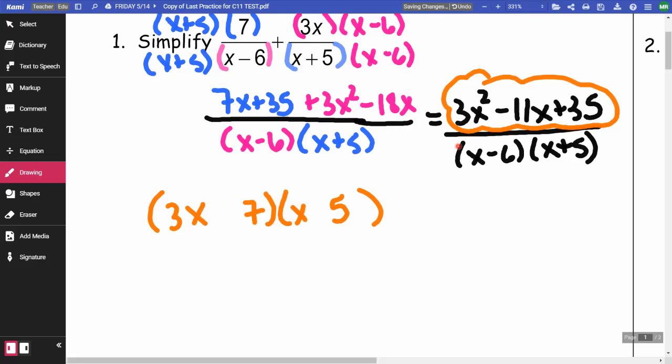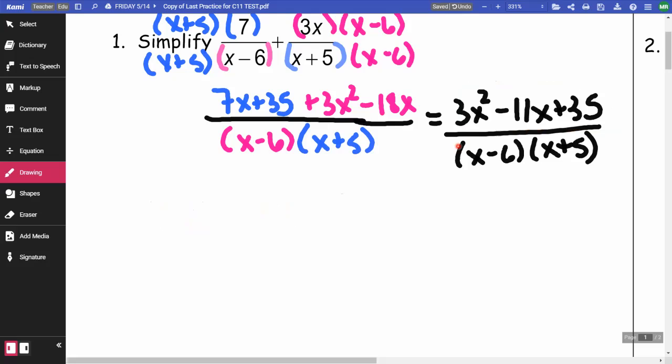That's not going to give me an 11. If I put my 7 here, that's a 21 and a 5. That's not going to give me an 11. And if I did a 35 and a 1, that's not going to work. So my answer is going to be this. We cannot simplify it.